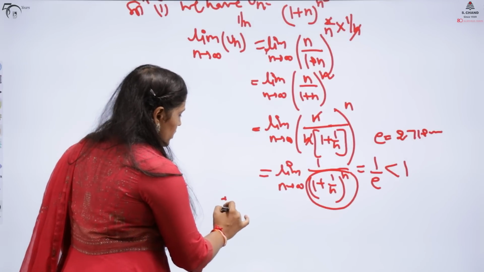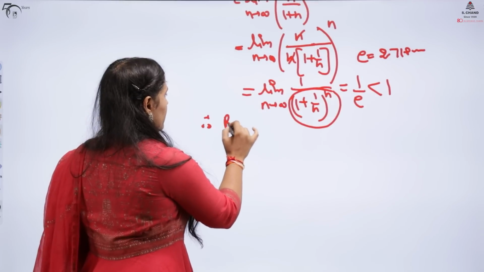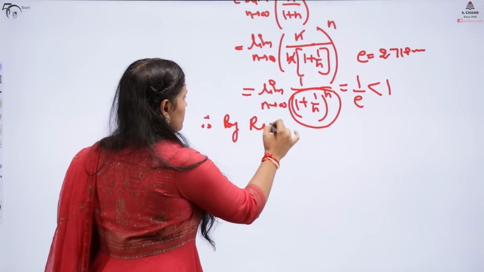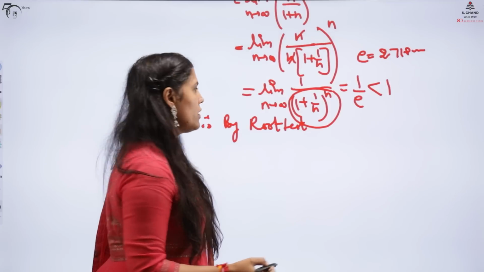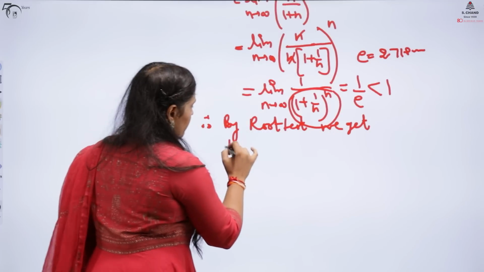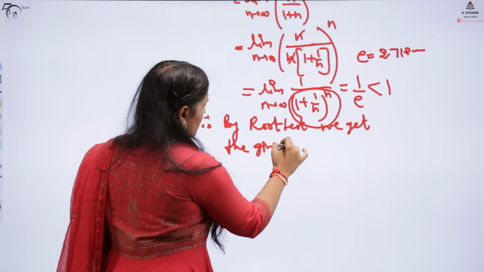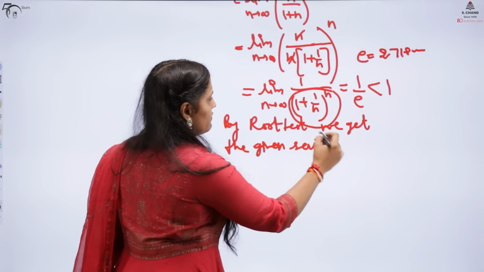Therefore by the root test, Cauchy's nth root test, or you can simply call it the root test, it's just the same thing, we get that the given series is convergent because the limit is less than 1.